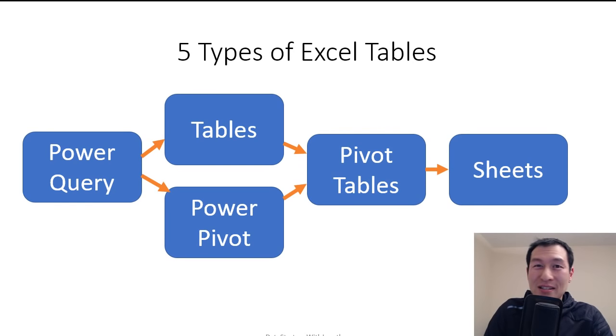QlikView basically recreated themselves, because QlikView was kind of an older version of Tableau, but it wasn't self-service. It was made for developers. So they reinvented Qlik Sense, right? Which is again a copy of Tableau, and Amazon came out with Amazon QuickSight, or AWS QuickSight, which is great because it cut the cost by 10 times, right?